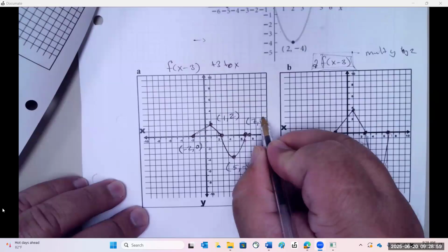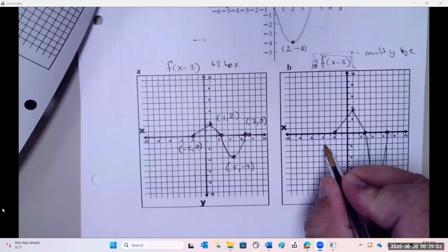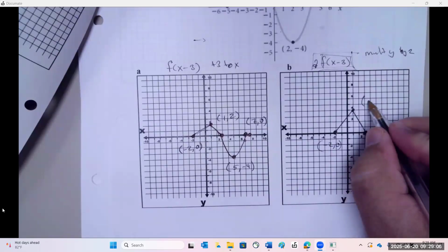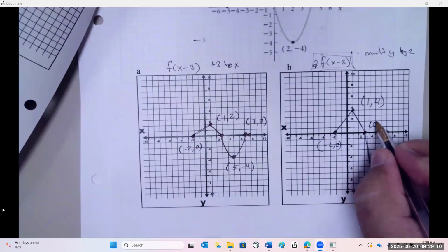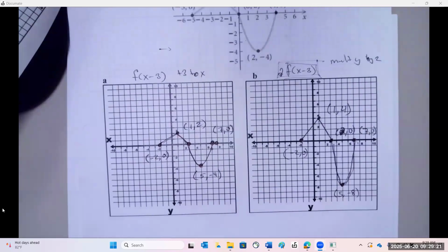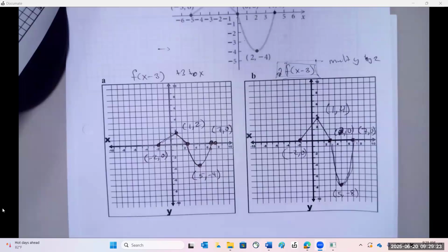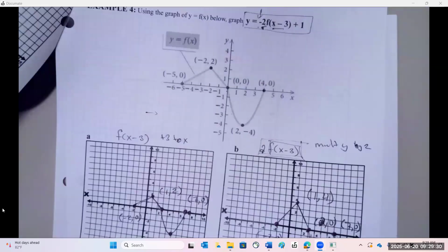The new shift becomes -2, 0. 1, 4. 2, 0. 5, -8. 0. So all we do is take the y value and change it now. So this one stays the same, -2, 0.